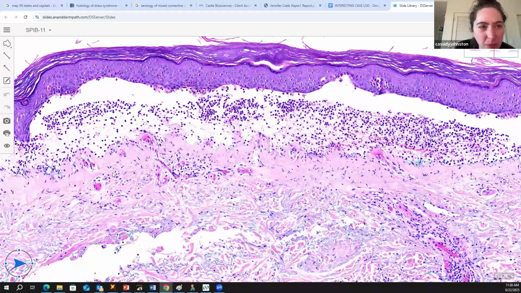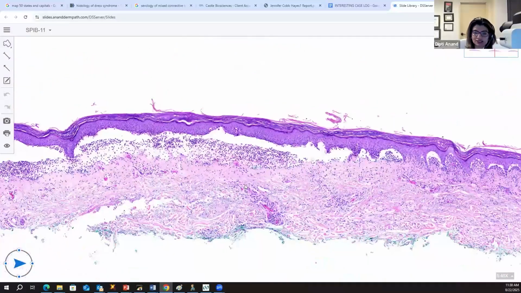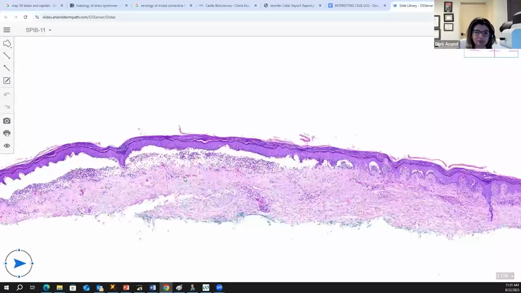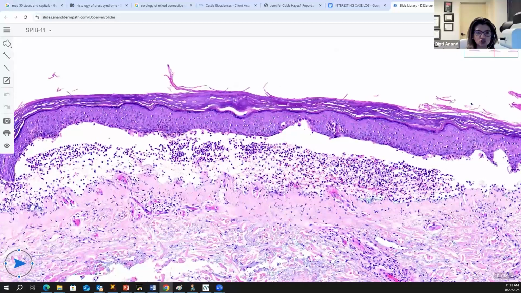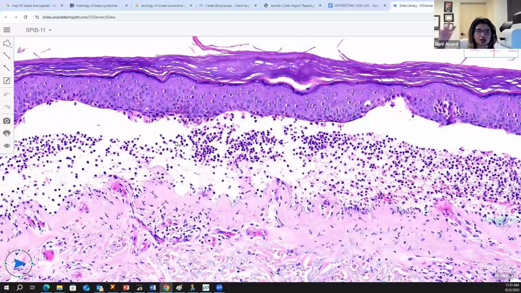Linear IgA or bullous lupus. Or chronic bullous dermatosis of childhood. Exactly. So this part is DH and this part is linear. In linear IgA, bullous lupus and chronic bullous dermatosis of childhood, you have a subepidermal blister where the neutrophils don't concentrate at the tips of the dermal papillae. They're more in a linear fashion and it's neutrophil rich.